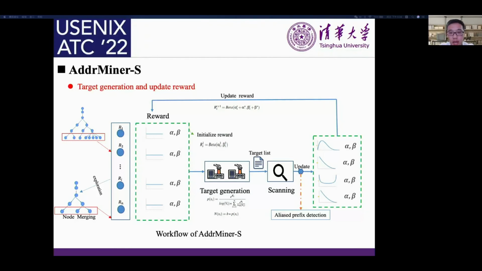It updates the active address density distribution through the feedback rewards of each iteration's scanning results, and adjusts the target address generation's direction. As the number of iterations increases, high density regions of active addresses in the real network will be discovered. It can reduce the difference in the high density region distribution of seed addresses and the real network active addresses.